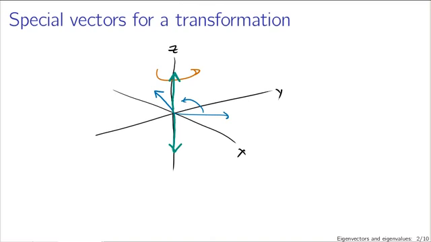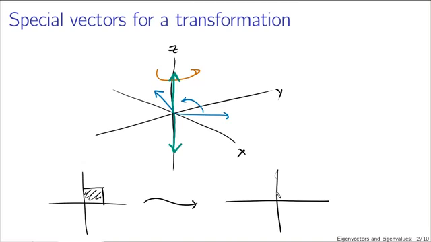You can think, for instance, suppose I have just 2 dimensions now, and consider a transformation that takes a box shape like this and maps it to something that's skewed, stretched out in the x direction and smooshed over in the y direction. If I had a transformation like this, you can probably imagine one of the vectors that remains unchanged.